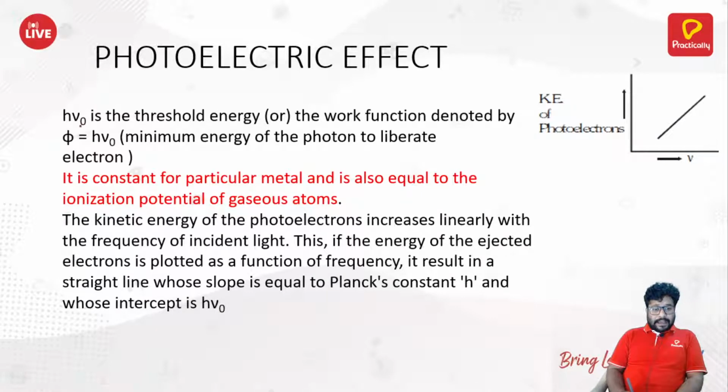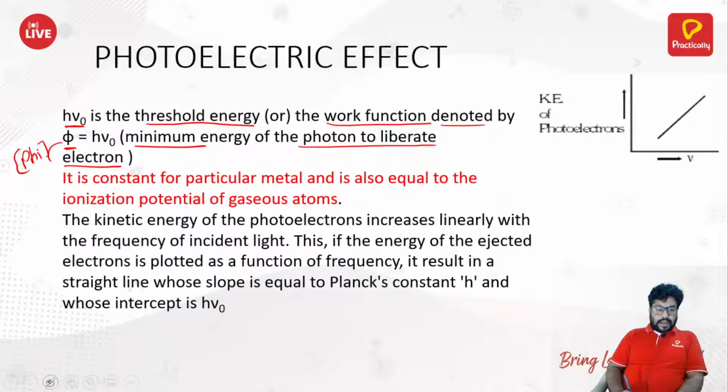As I was saying here, h nu 0 is a threshold energy, or a work function, denoted by phi. h nu 0 is the minimum energy of a photon to liberate an electron.